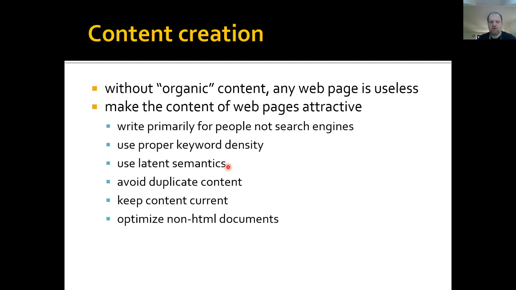That's also quite an important issue. We do not use simple ways to create content, so we do not duplicate content. And as I said, we keep the content current, up to date, and really demonstrate that it's living. And we also optimize non-HTML documents, because these are part of SEO and are downloaded and parsed by the search engines too, like PDFs, for example.